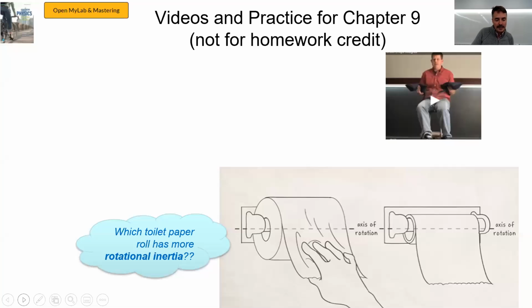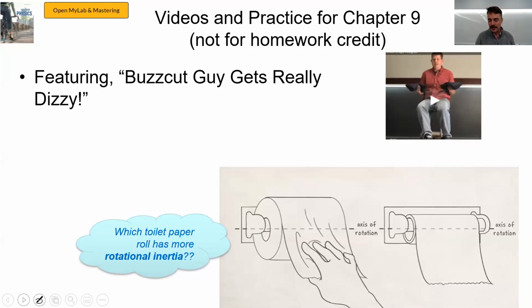What's going on in MyLab and Mastering? I have posted homework 9, the chapter 9 stuff, which you can take a look at. There are also these videos and practice things, which you can check out. They're not for homework credit, but they're kind of funny. There's a video of this buzz cut guy spinning around, and he drops his bean bags. That's a fun one.